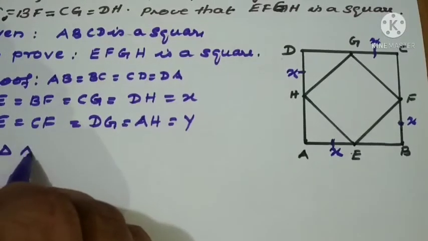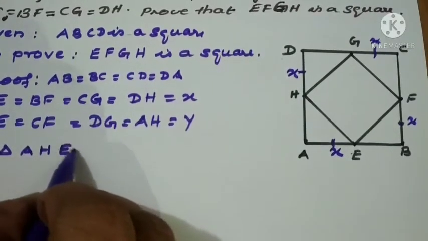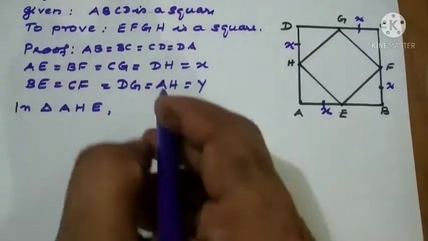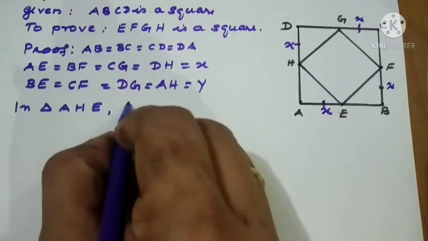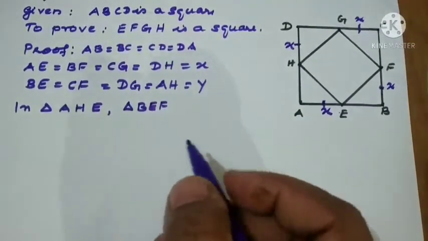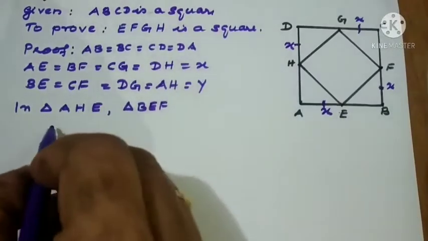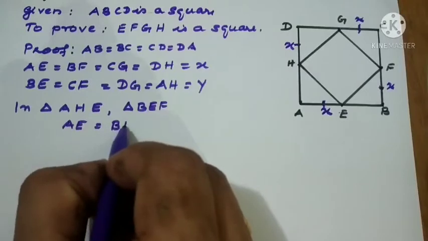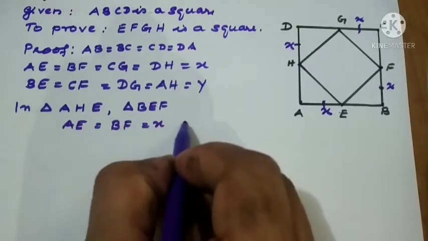Now in triangle AHE and triangle BEF, what are the parts that are equal there? AE equal to BF, given.